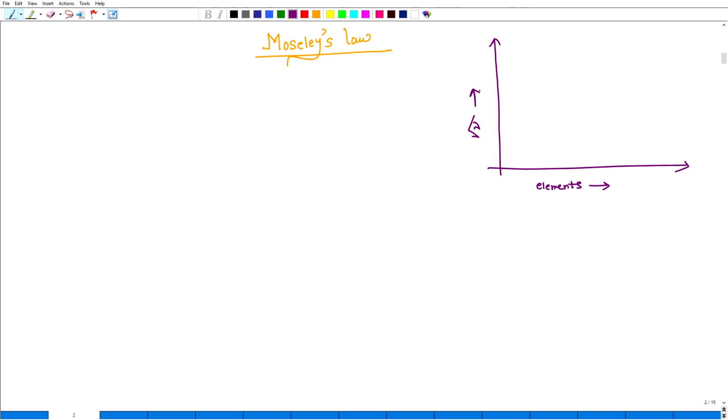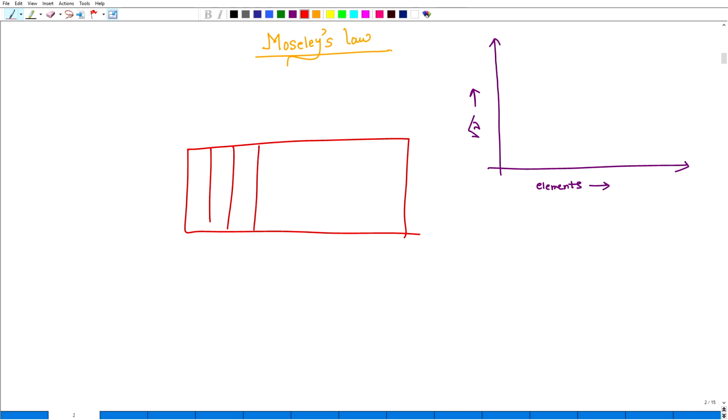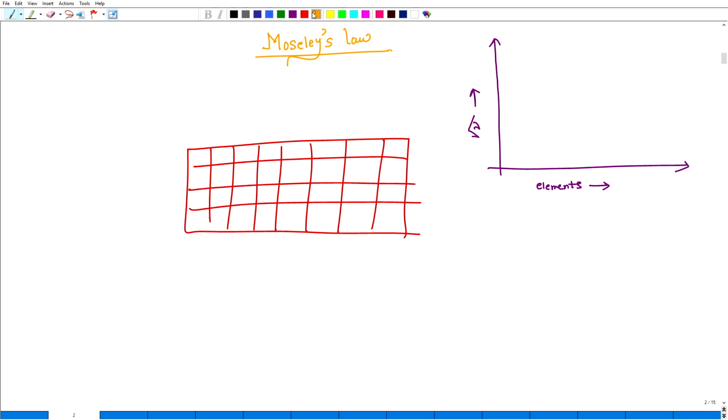We know at that time Mendeleev gave the periodic table. It was the old periodic table given by Mendeleev, and in that periodic table the elements were organized in terms of their atomic weight. Let me just give a small recap of the periodic table. The Mendeleev periodic table, not the modern, longer one, because that was not known at that time. In the Mendeleev periodic table, the main idea was that the elements in the same group have similar properties.